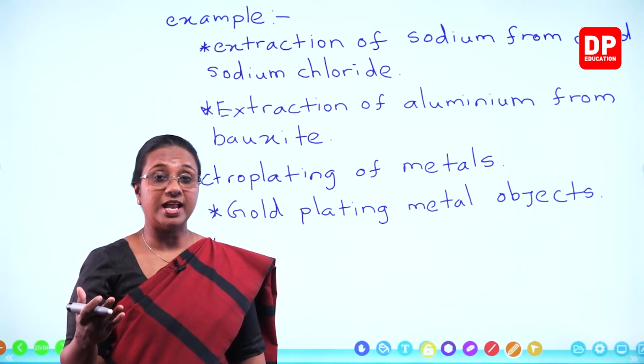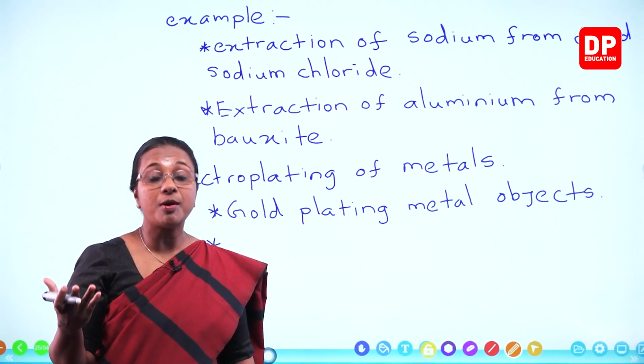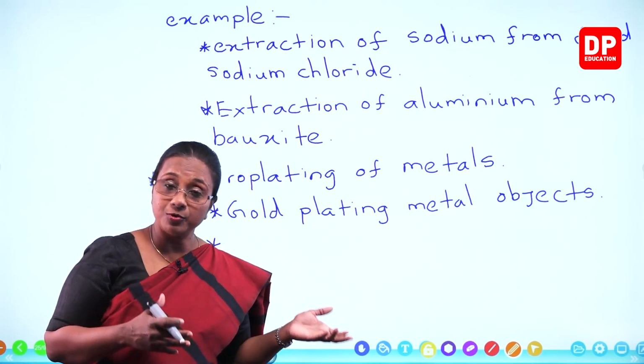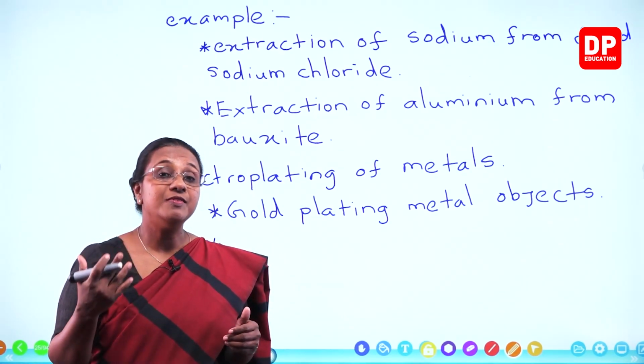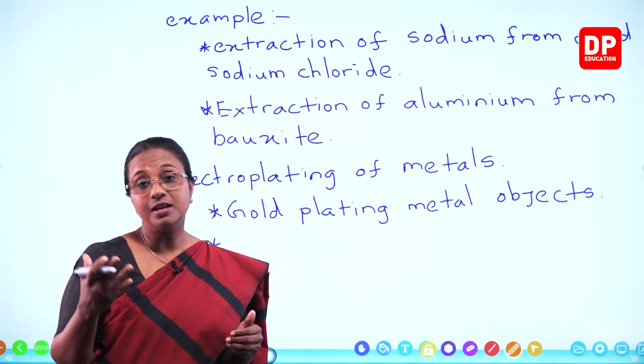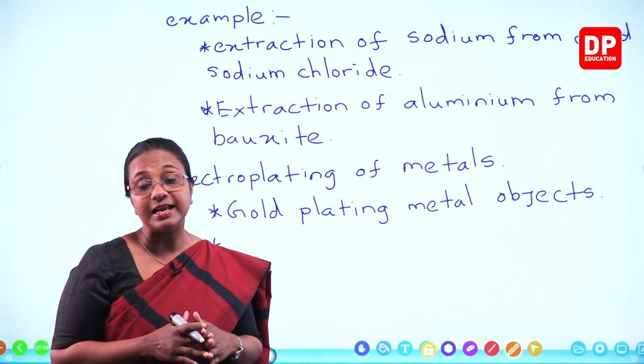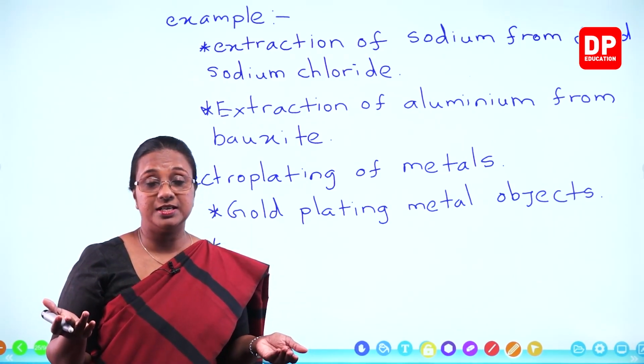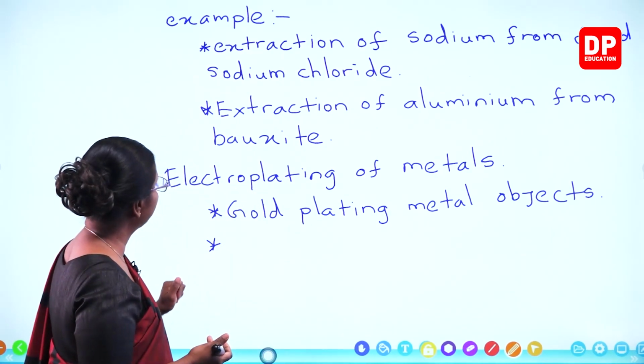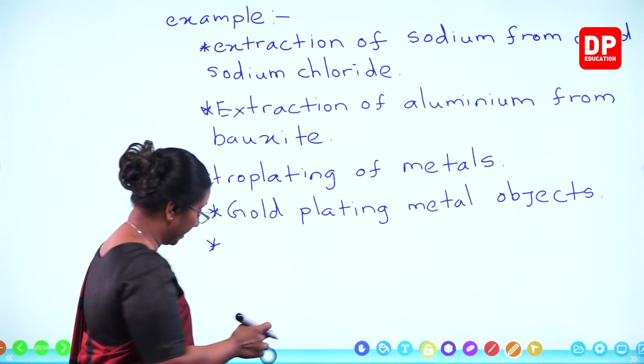But in addition to that, to get certain desired properties that are more useful, what we do is we either plate nickel or chromium onto iron objects or steel objects. So that is also an example of electroplating of metals.